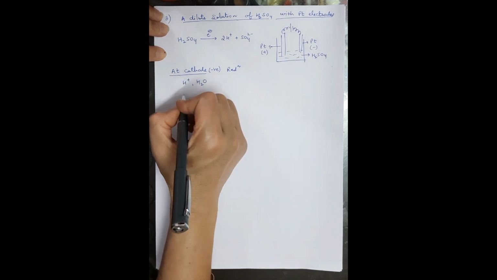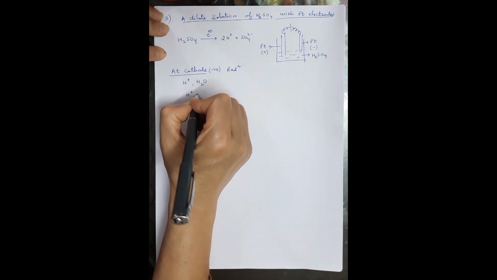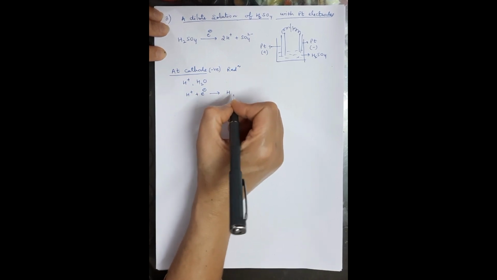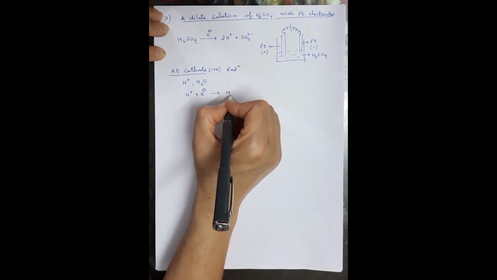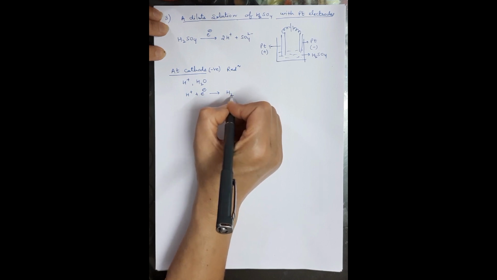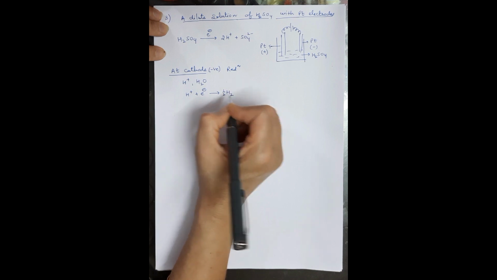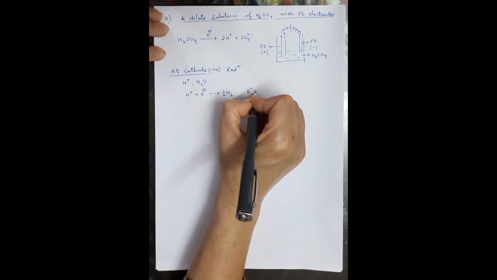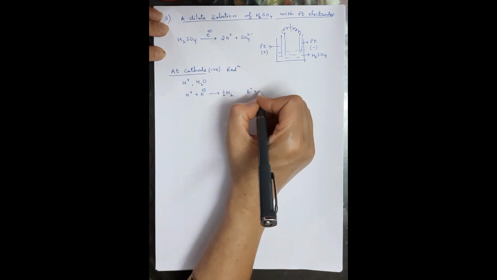See what will happen in this case. H plus will gain an electron and it will change to H. H cannot exist as H, it exists as H2, so it becomes half H2. And you already know that the reduction potential of hydrogen electrode is 0.